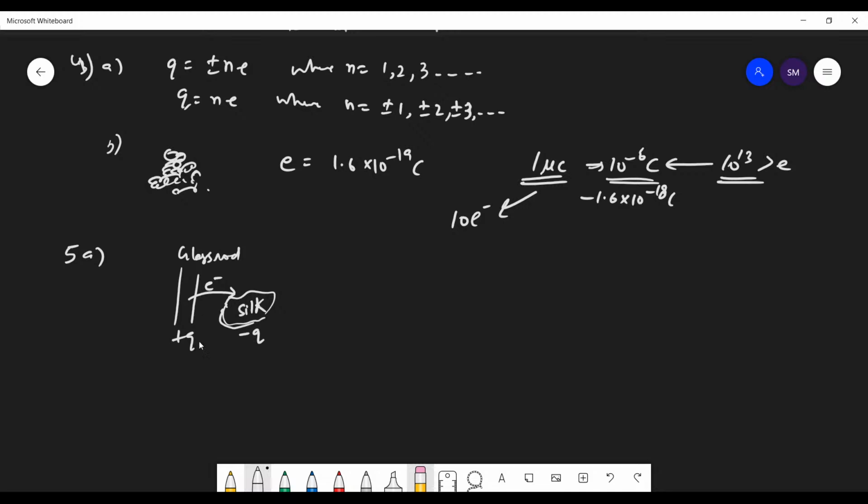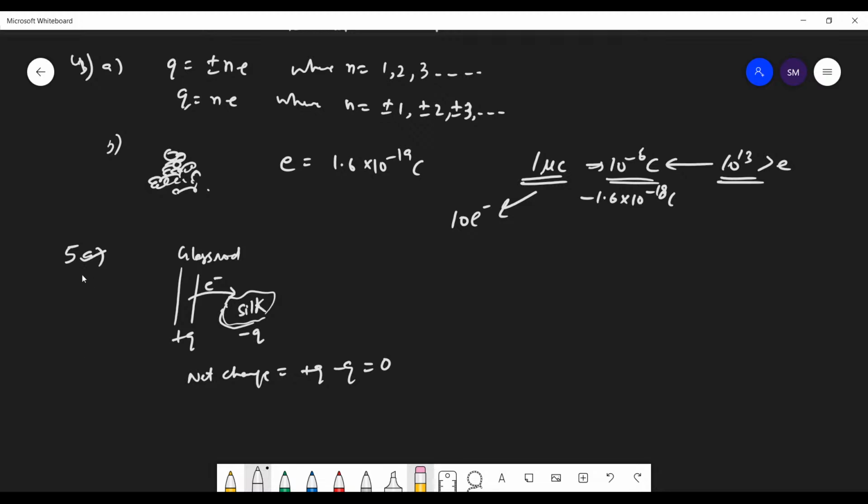Obviously the charges are equal and opposite because the net number of electrons transferred and received is the same. So earlier the net charge was 0, and finally also the net charge, plus q minus q, will again be 0. So that is consistent with the law of conservation of charge.